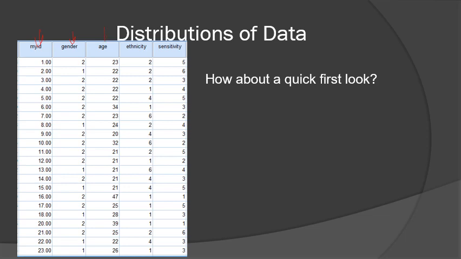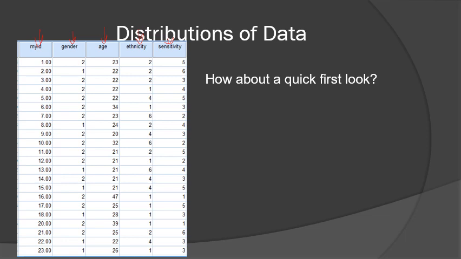We've got a continuous variable, age. We've got another nominal variable, ethnicity. We've got a variable that was possibly done research on, sensitivity. It could be sensitivity to various different things, which is typically going to be at least an ordinal level variable. Likely it will be treated as a ratio level variable.